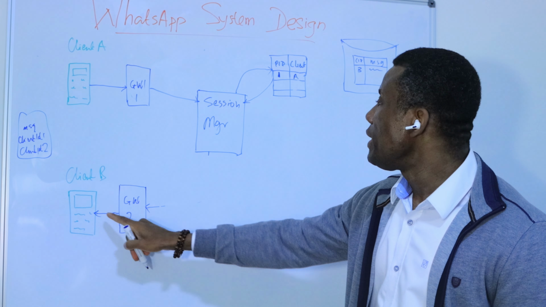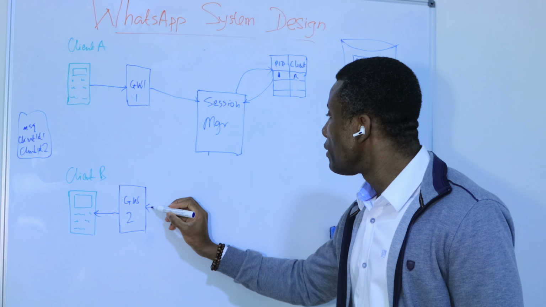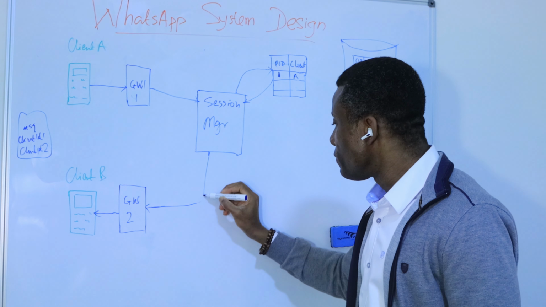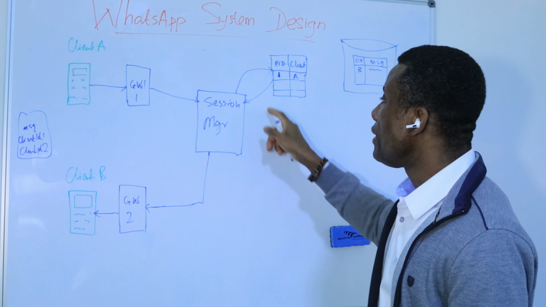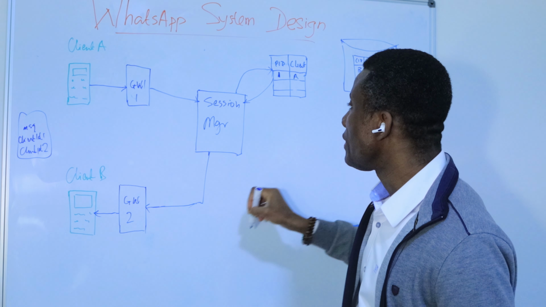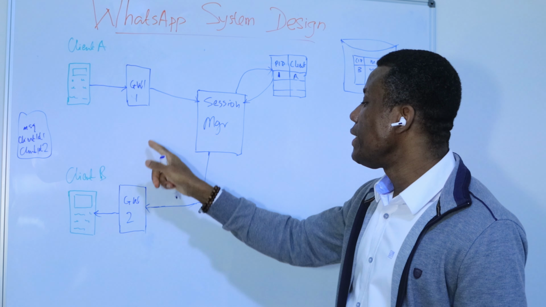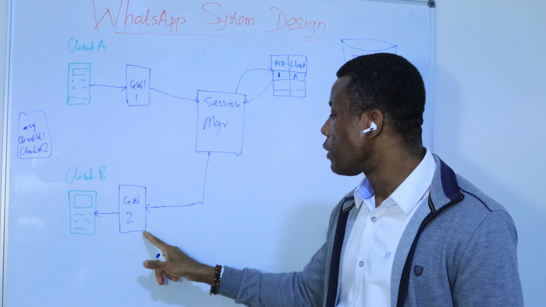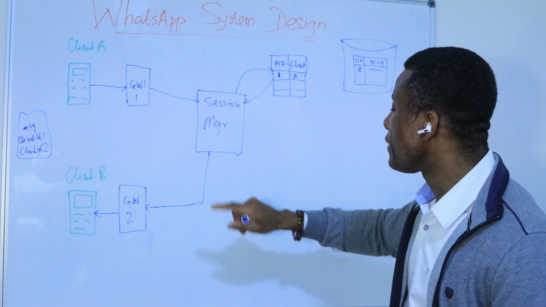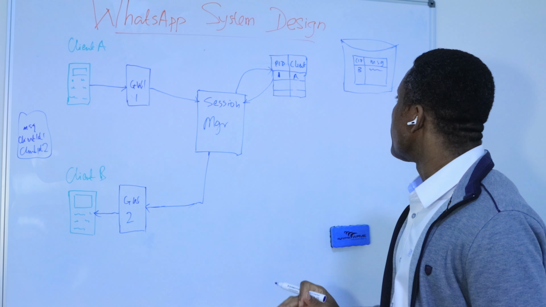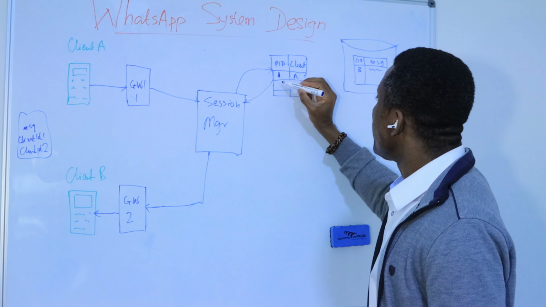Now, when client B connects to the server, of course, this is inside the message server, when client B connects through the gateway to the session manager or to the message server, it's going to update the PID.